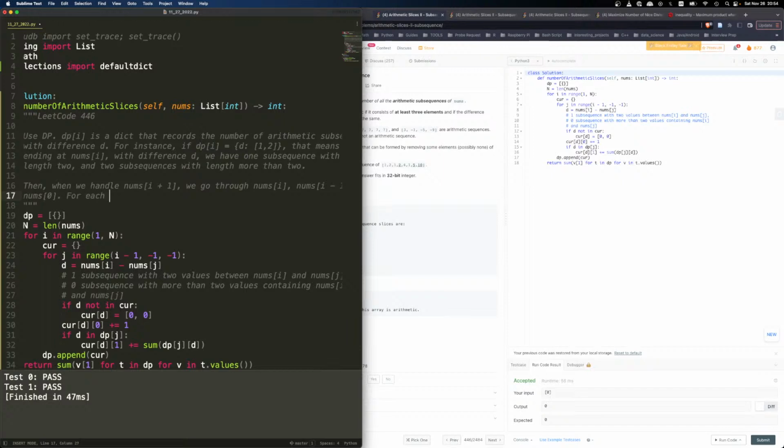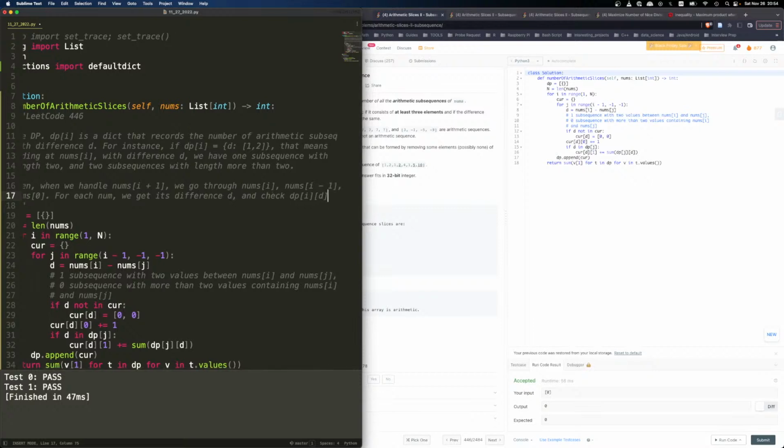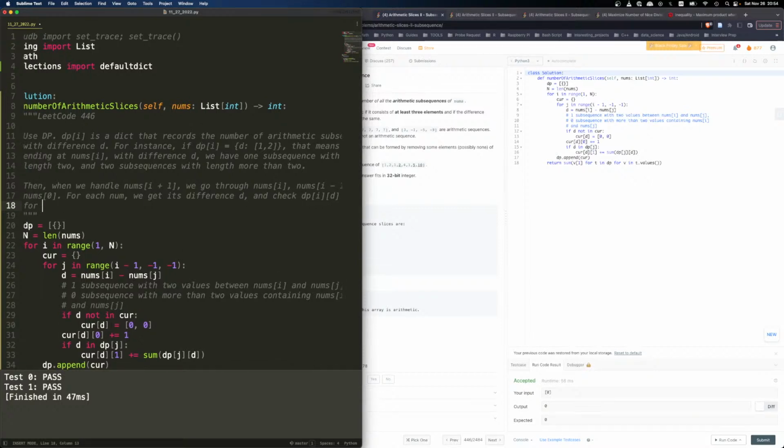For each num we get its difference and check dpi difference d and check dpid for, wait, do I need to even have that?